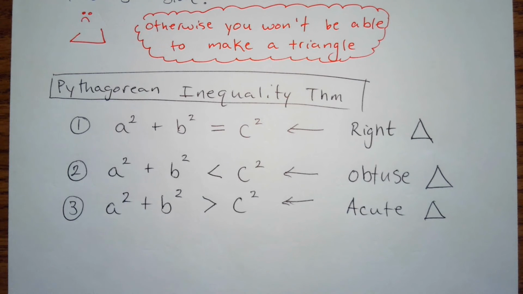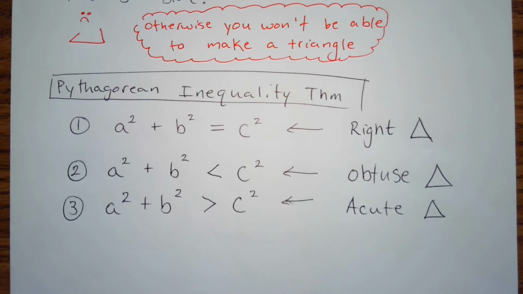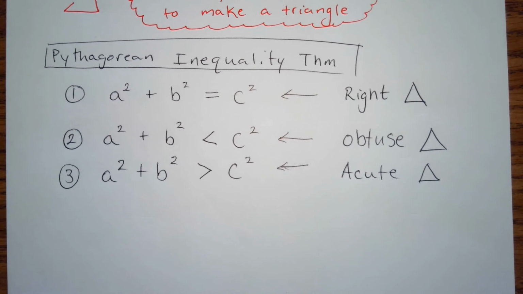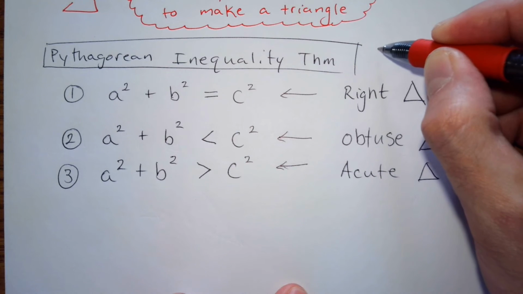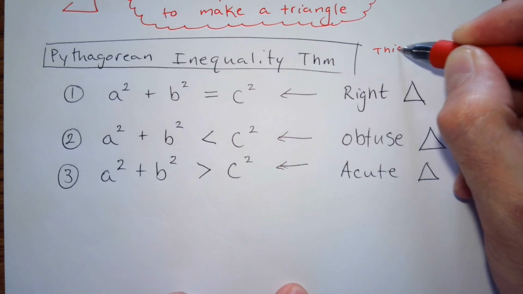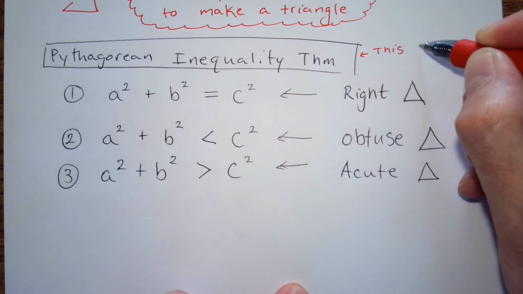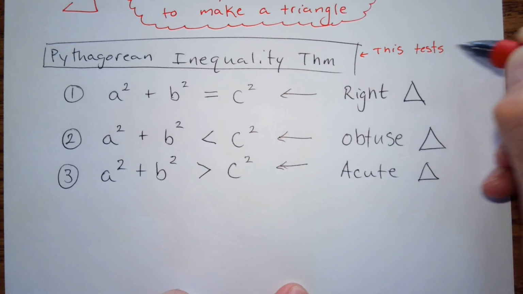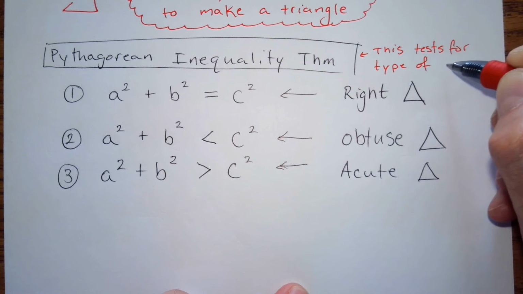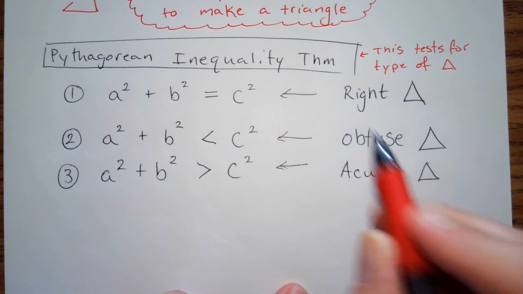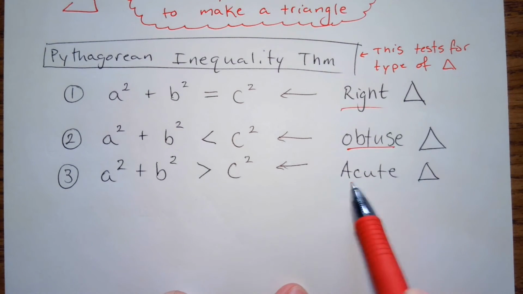I think we can at least write down the example for this. So this tests for type of triangle, either right triangle, obtuse triangle, or acute triangle.